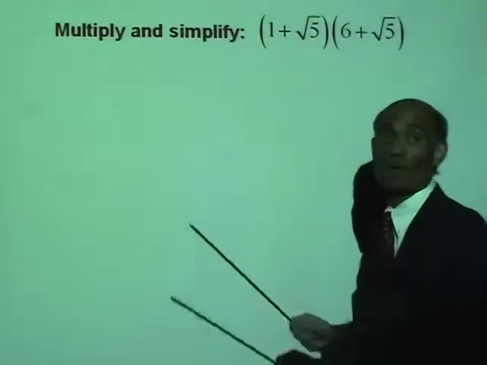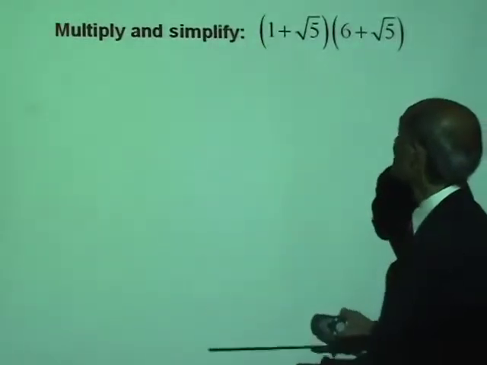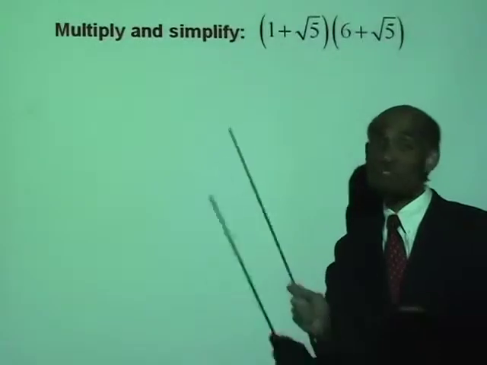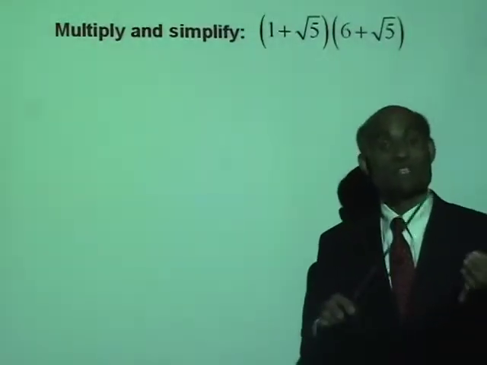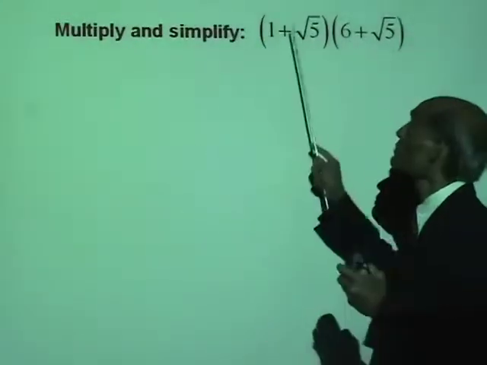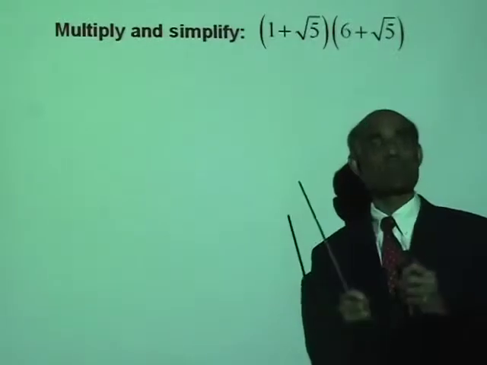Another one. 1 plus square root of 5 times 6 plus square root of 5. Well, this is not a difference times a sum. This is the product of two binomial-like quantities.